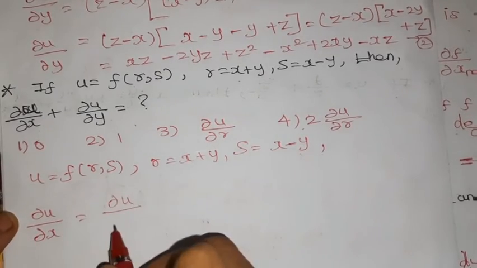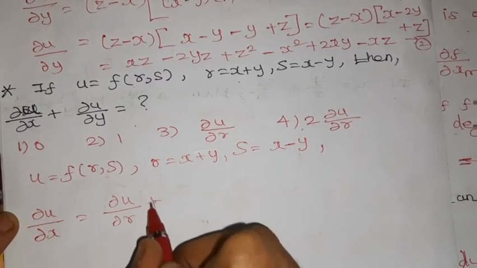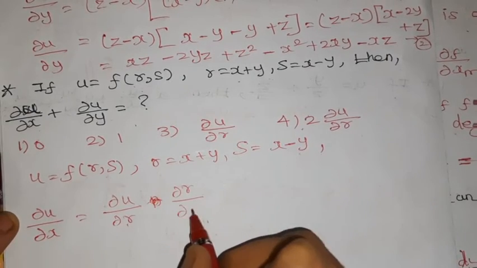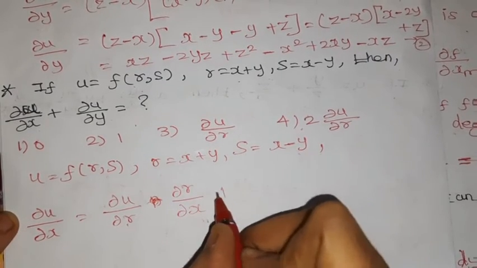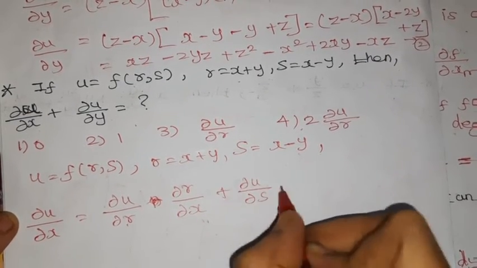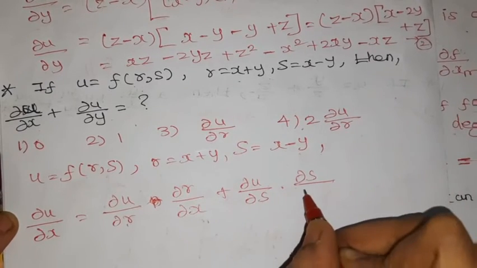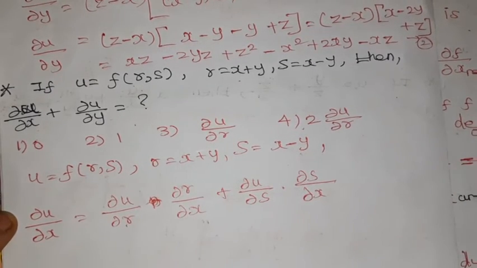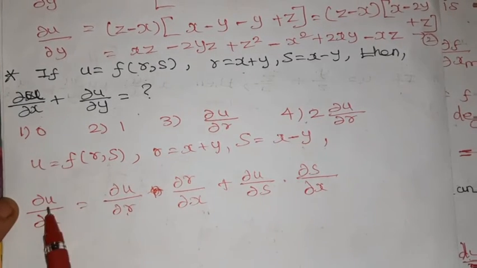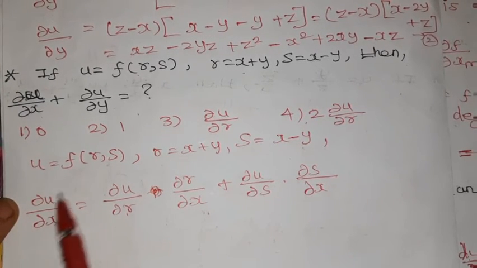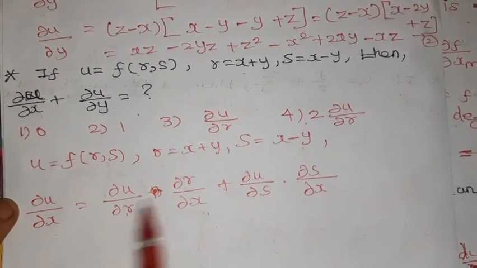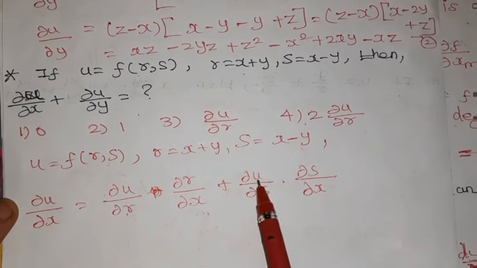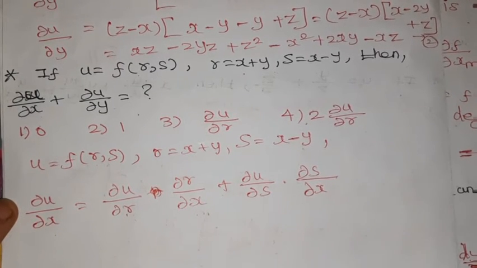U is a function of r and s, so dou u by dou r into dou r by dou x plus dou u by dou s into dou s by dou x, right? See, u is a function of r and s, which are functions of x. So dou u by dou x can be written as dou u by dou r into dou r by dou x plus dou u by dou s into dou s by dou x.